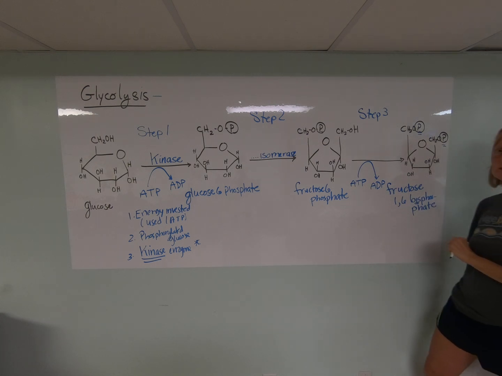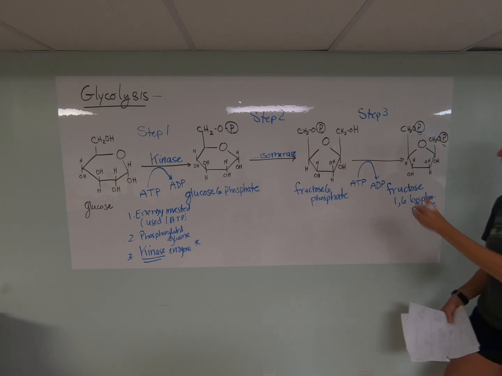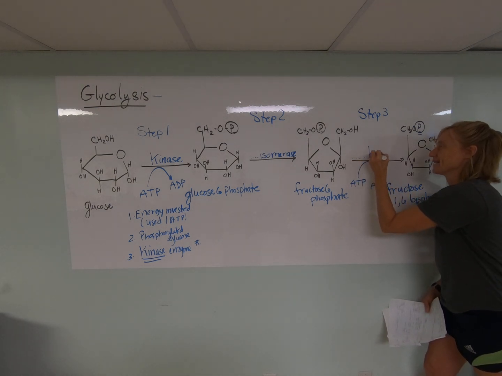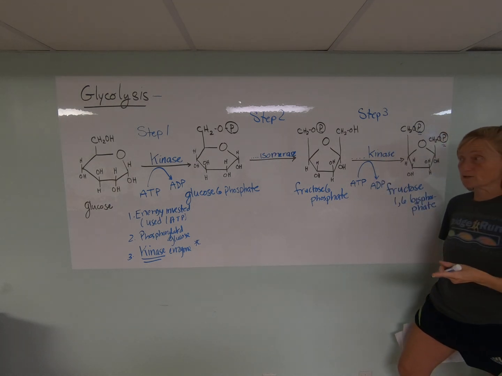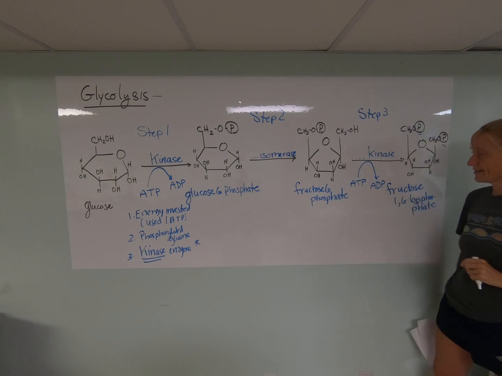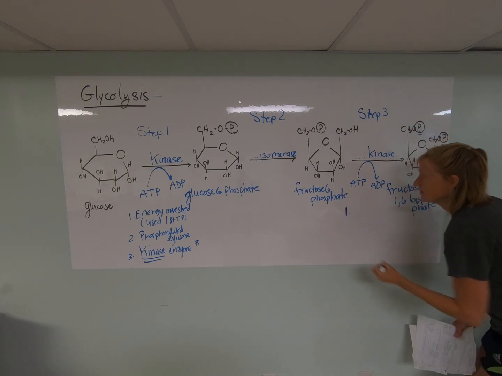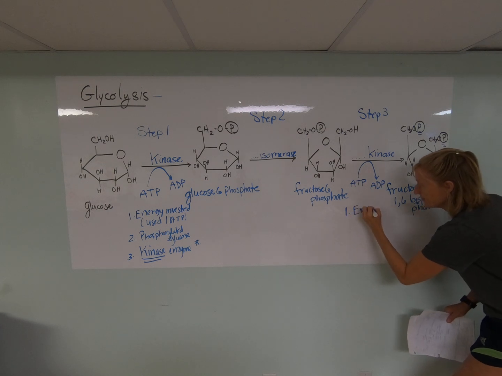What kind of enzyme do you think is used here? Phosphofructokinase, a kinase enzyme. All right, because kinase enzymes catalyze the transfer of a phosphate from one molecule to another. Let's write down a few things about this step because it is kind of important. We did some energy investment.